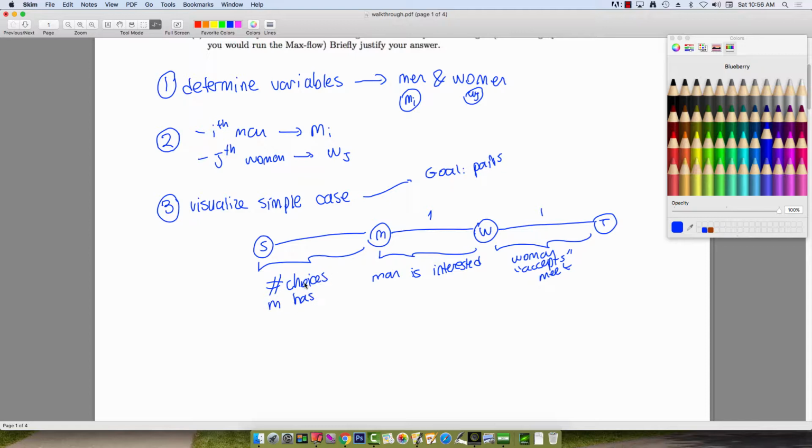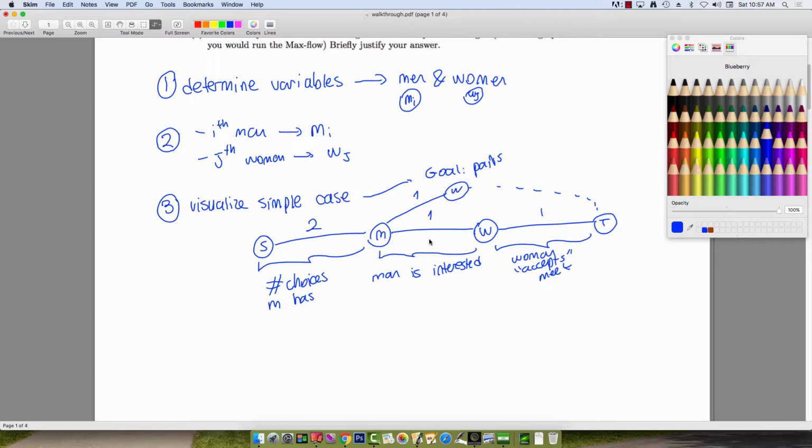If this edge had a weight of 2, then this node would have the option to maybe meet with another woman, and if that woman doesn't want to meet with this person, we wouldn't have that edge. So every edge from the start node to a man is going to be the number of choices for each man.